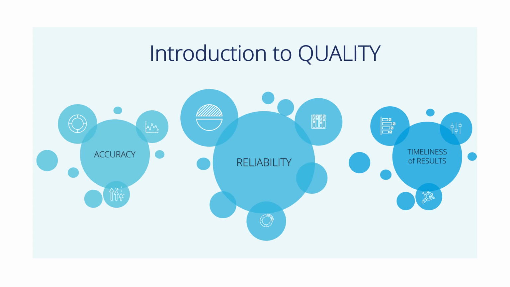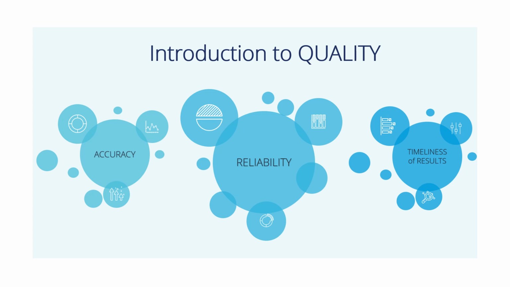Now, all of these concepts, accuracy, reliability, and timeliness, should be present so that we can say that there is quality in the laboratory. If, for example, one of them is missing, then we cannot say that there is quality in the laboratory.